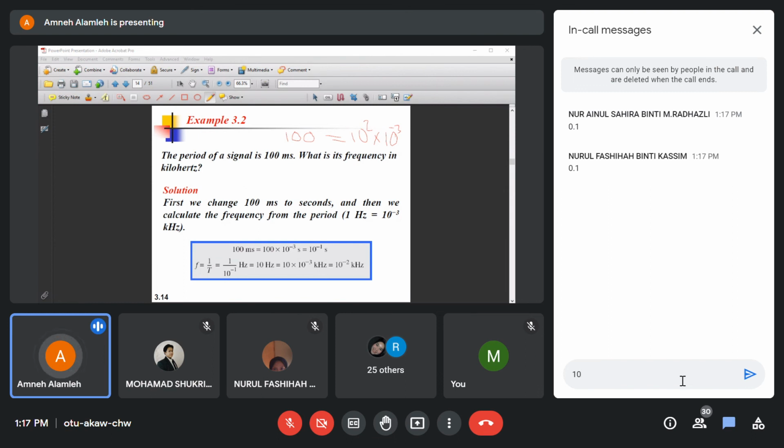Write 10 to the power something. 10 to the power minus 1 or 1 over 10.